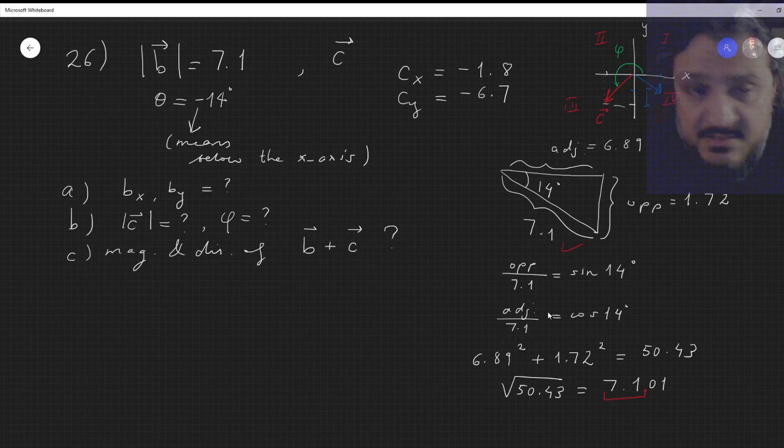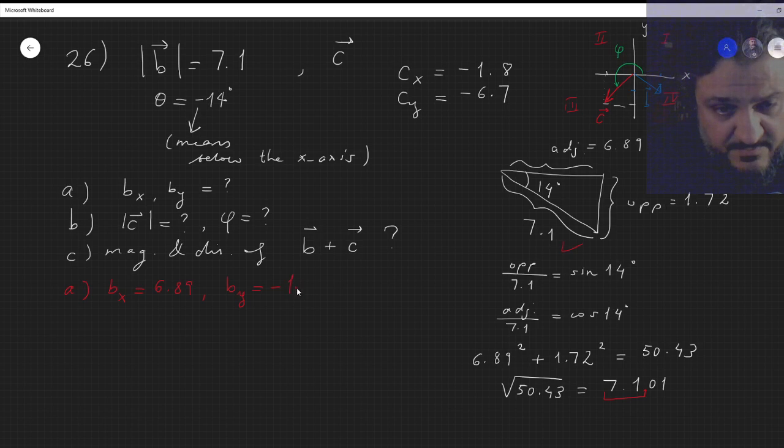Anyway, have we found Bx and By yet? Not exactly, because By has to be negative. So when I write these, I've got to be careful. Bx is 6.89, but for By I need to put a negative by hand in front of this number, 1.72, because we're talking about a negative number over here.